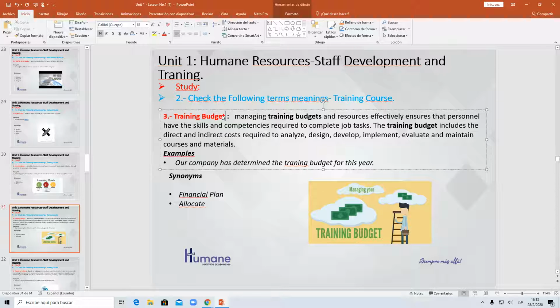It's the amount of money that you need in order to design a course for your employees. So it's the money you're going to invest in them. Our company has determined the training budget for this year. Okay? Synonyms: financial plan and allocate. Okay?